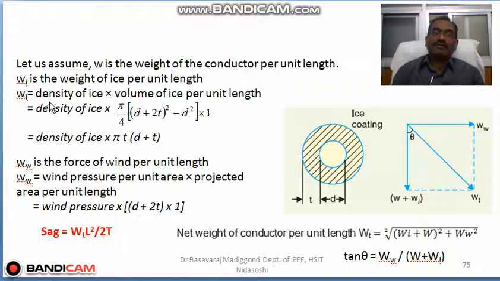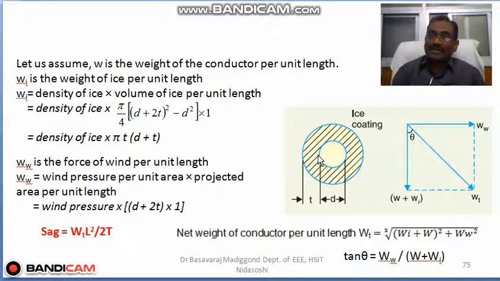Therefore, Wi is given by the density of ice into the volume of the ice per unit length. The volume is pi d square by 4 into L. So pi by 4, and what is the diameter of the ice, only ice? The area is pi by 4 into (d plus 2t) square minus d square.